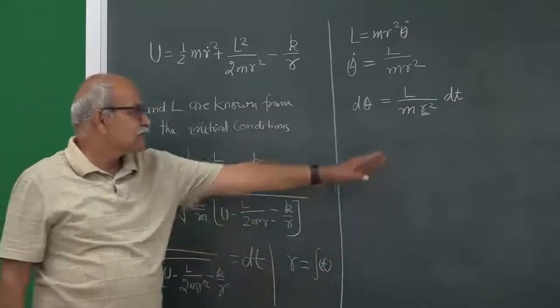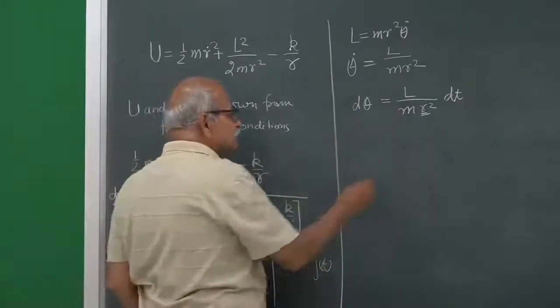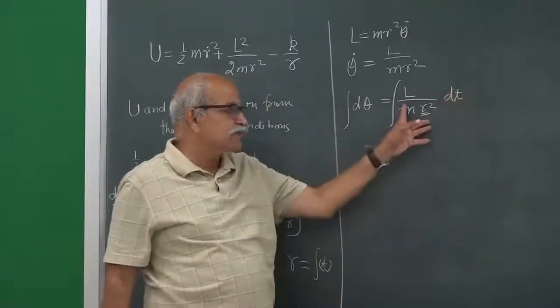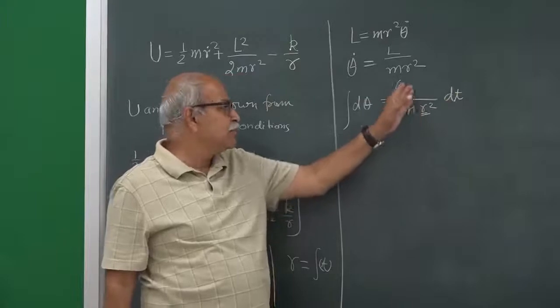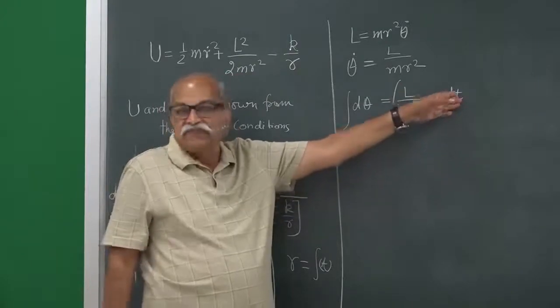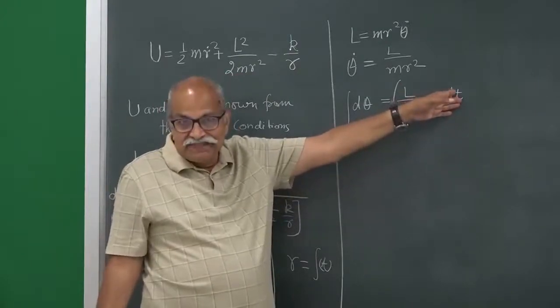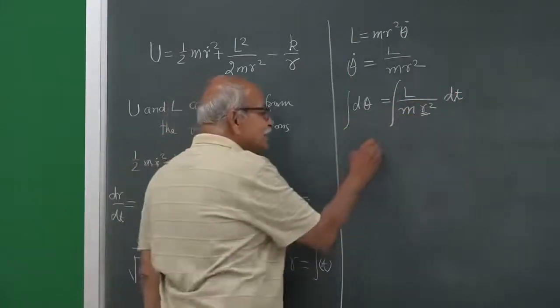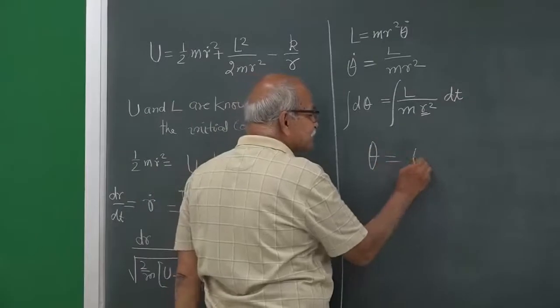Once again, it is a matter of integration. You have dt here, you have a function of time to be integrated with respect to time. It is a calculus matter, so do it. Once you do it, you get theta as a function of time.